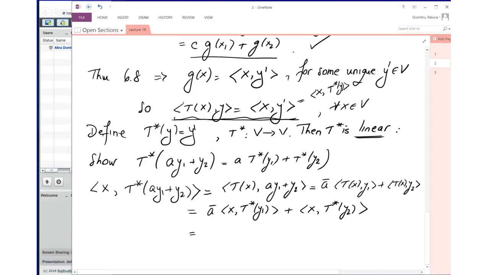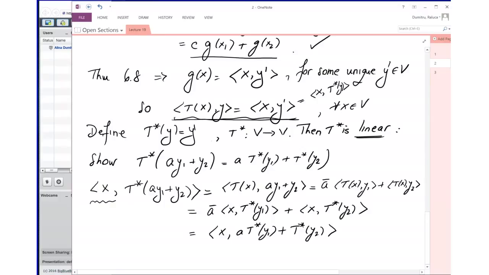And now build everything back together. So move a bar into the second argument as an a and use linearity to get a T star of y1 plus T star of y2.